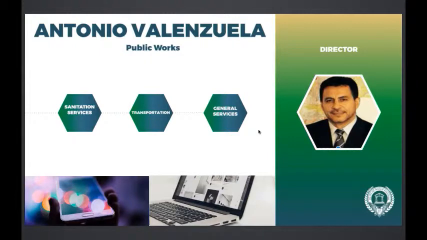We also have general services that falls within this team as well. Our general services team pretty much oversees our facilities and our vehicle and fleet to make sure that those things are remaining operational and in compliance with law and also just up to par as we go about doing our business.